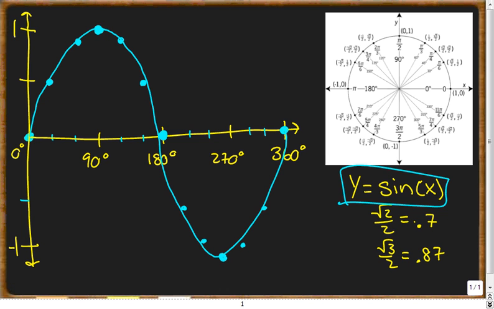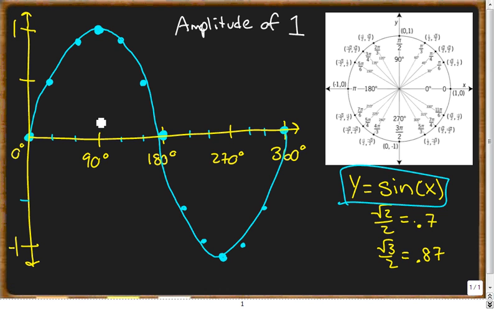So you can use the unit circle to fill in these different particular values. The big thing with this function y equals sine is that it starts at 0. That's really important because it is pretty much the same thing as cosine, but cosine starts at a different value. We also know another thing about sine, that it has what's called an amplitude of 1.